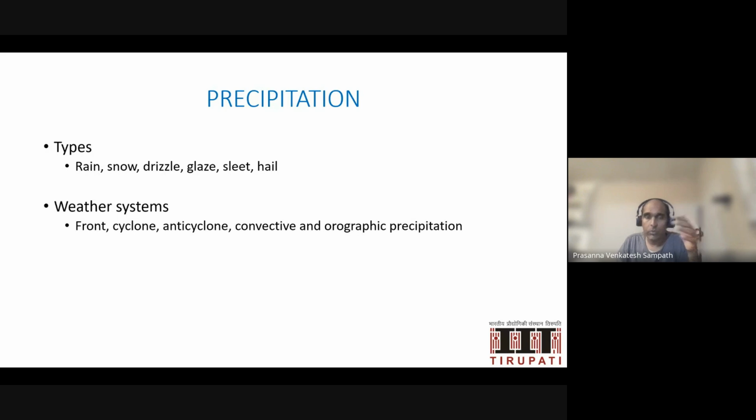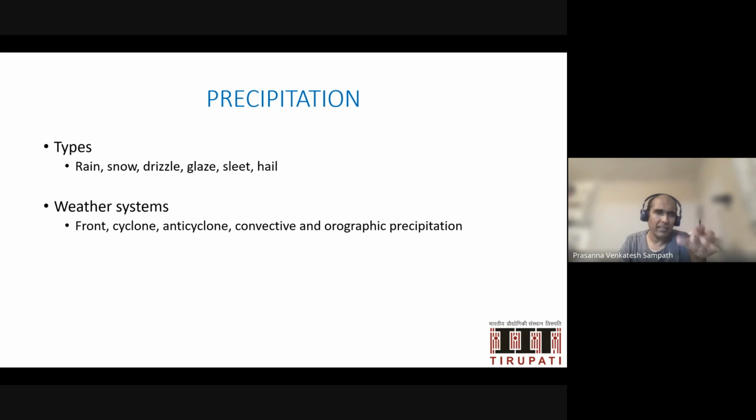Which is why you will see that when you go to some of these hill stations, right? In the summer months, you will get some rainfall in the hill stations, because that hot air rises up, and it carries moisture with it. When it goes to the higher altitude, it cools down, condenses, and then falls. That is referred to as orographic precipitation.